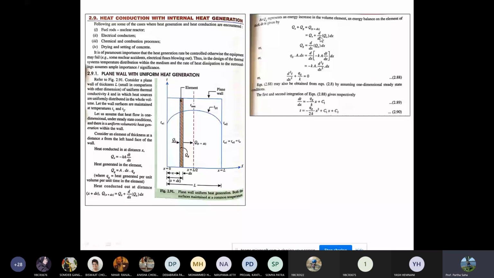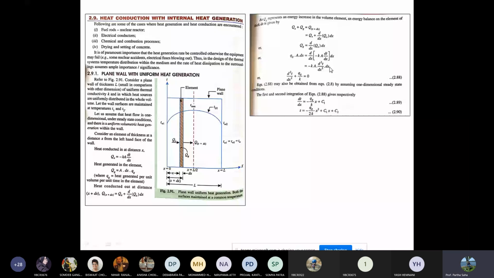Now Qg we have written as A dx qg. Substitute A dx qg, and Qx is known, minus KA dT/dx. You write minus K A dT/dx dx. This becomes the second derivative, because K and A are constant and come out. So it is minus KA d2T/dx2 times dx. This is the equation.